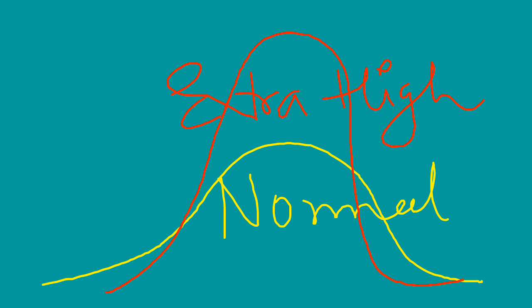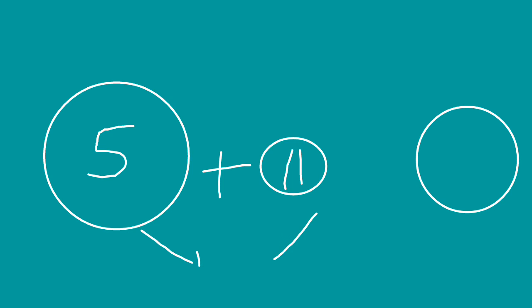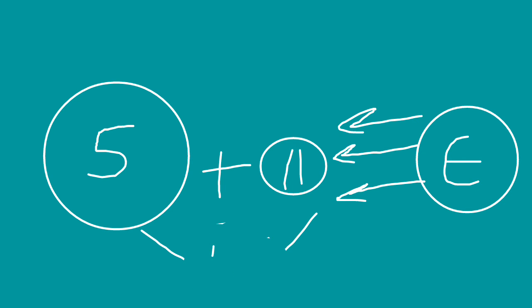As you know, the ratio of the gravitational force of the moon and the sun is about 5 is to 11, 5 for the sun and 11 for the moon. I'm talking about the gravitational force exerted on the water of the earth by the moon and by the sun. Now 5 and 11 are combined, and almost 16 is the force if we combine earth, sun and moon.